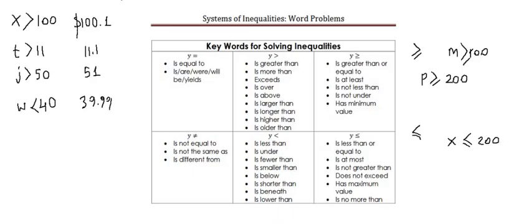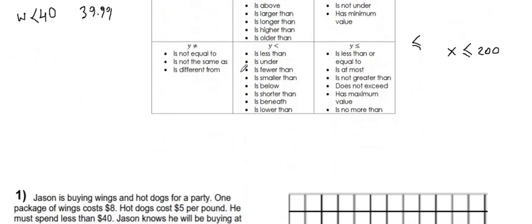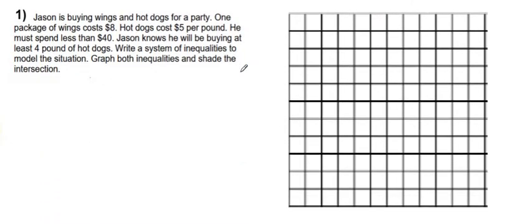If we say not greater than, does not exceed, has maximum value, is no more than, then we have to use less than or equal to, which is inclusive. Let's go to problem number 1. You can feel free to pause at any step, work your problem out, and then compare with my work.